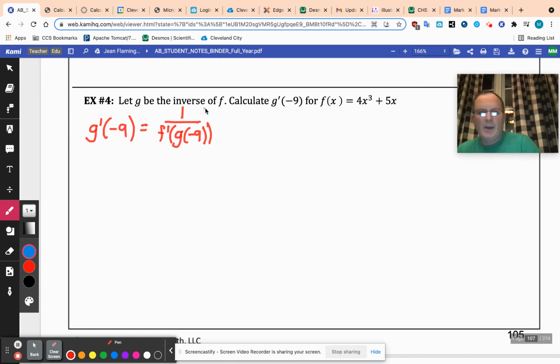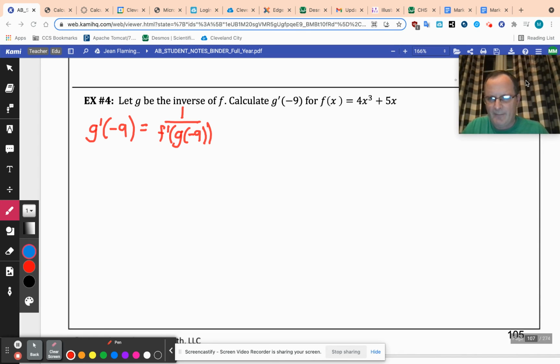And so what we have over here then is, they did not tell us what G of -9 is. Oftentimes on these, there's several different ways to go about finding this out.